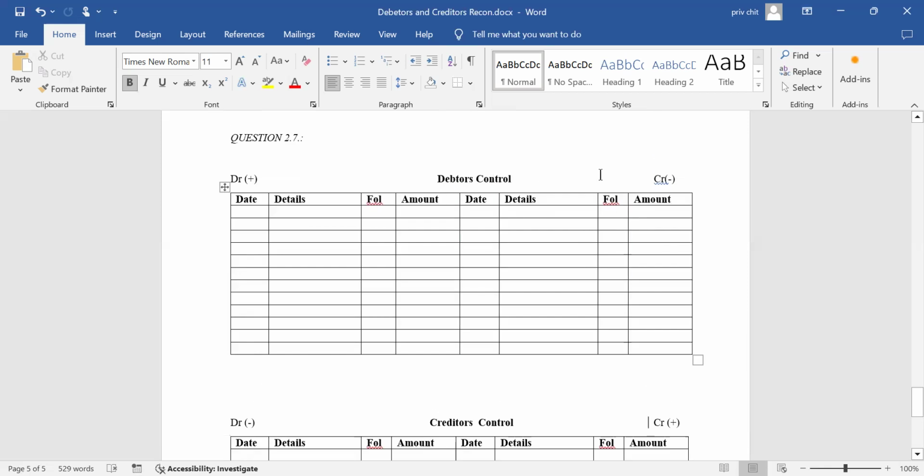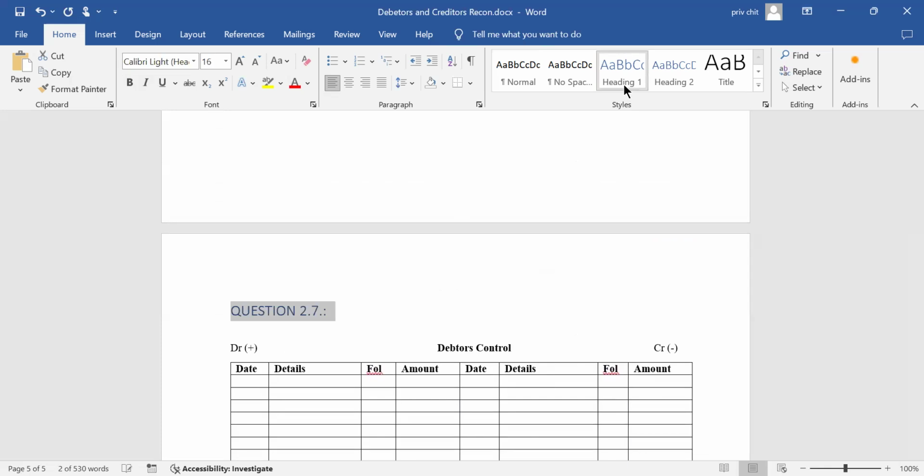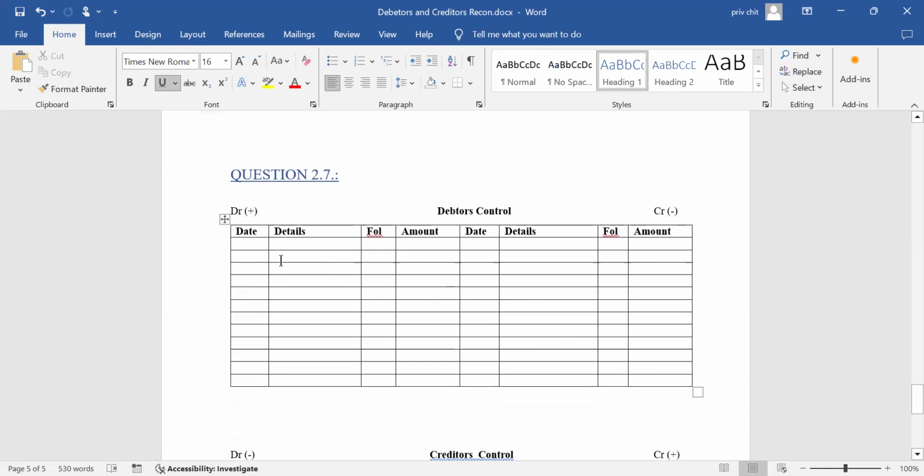A debtors control increases on the debit, and of course it decreases on the credit side. That's very important to take note of, that difference. So without further ado, let's have a look quickly at the information that we have on page 54, and we want to transfer it here.